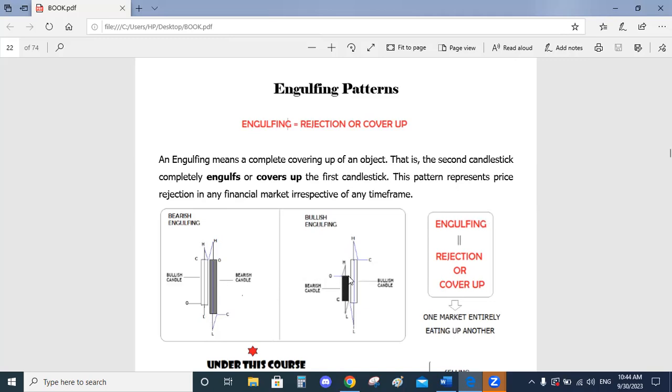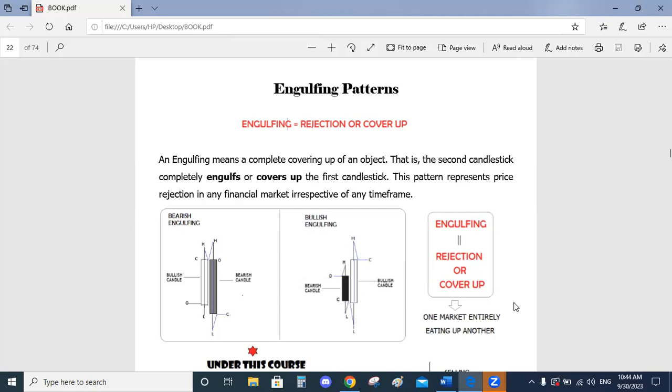Then for bearish engulfing pattern, the previous candle was a bearish candle selling from the open to the close, right? Then the next candle opens here and closes higher. That is engulfing for you.